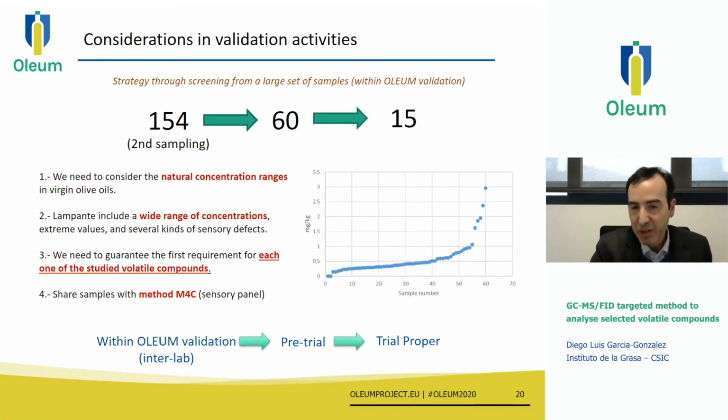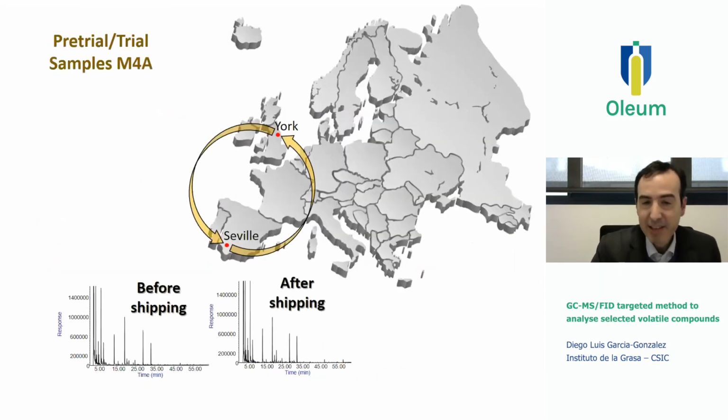So with this information, we proceeded to the pre-trial and finally the trial proper that was managed by Queen's University of Belfast. In the trial proper, it was also important to consider possible changes during the shipping of the sample. They are volatile compounds.